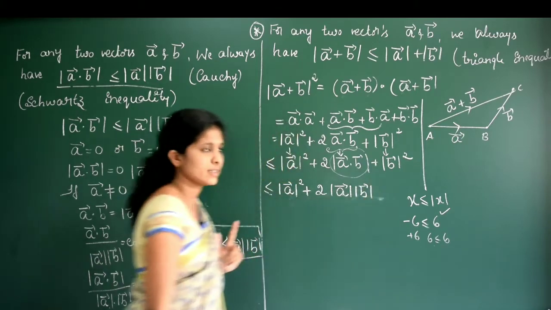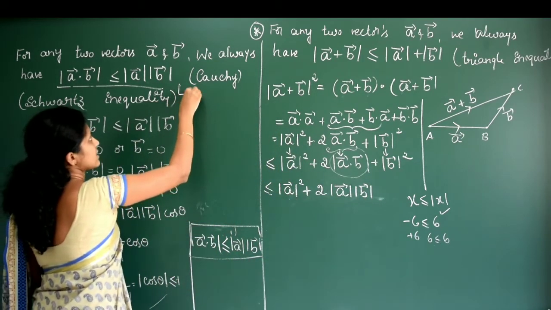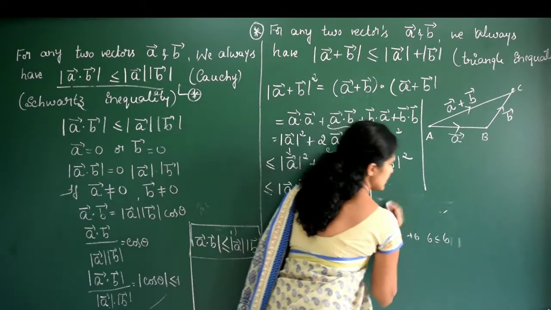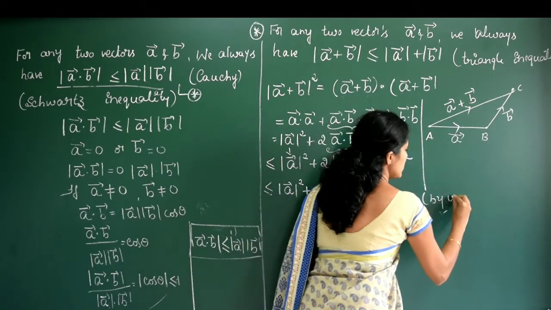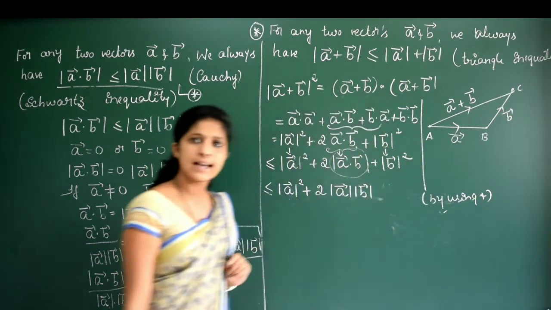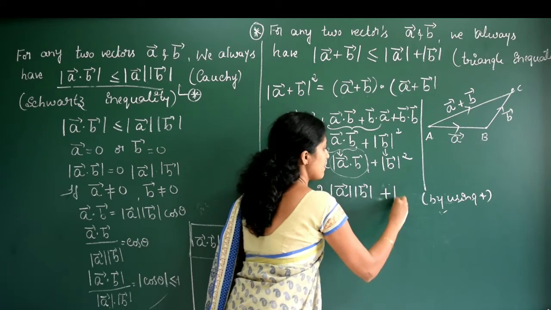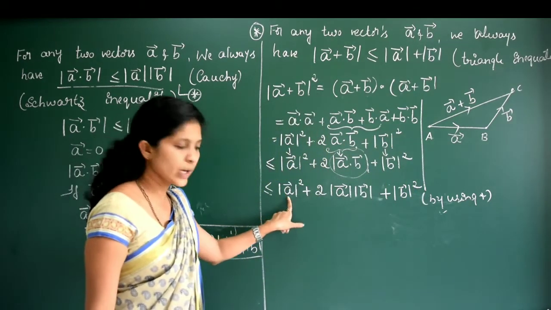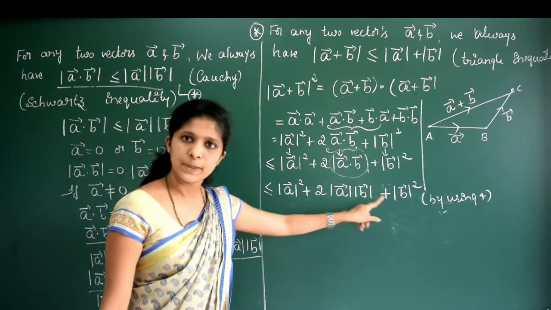I hope you are understanding this one. By using this, I will consider this as star. By using star, again the last term is as it is, plus the magnitude of b vector square. Now it's of the form a square plus 2ab plus b square.